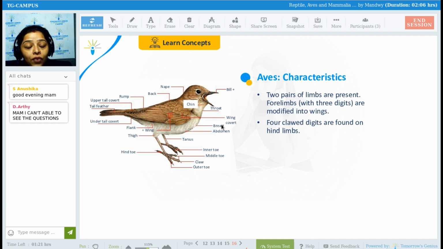The forelimbs are modified into wings, and the wings help them to fly, to move from one place to another. Please make a point: apart from flying, wings also help to conserve heat.